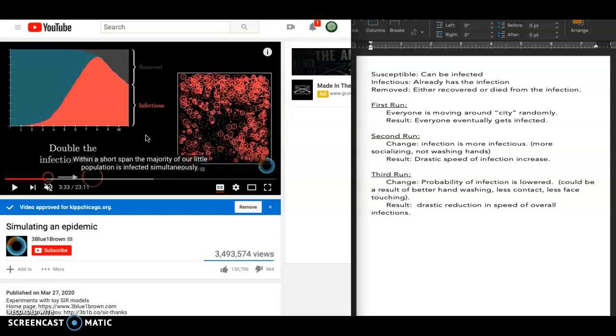If a city knows that there is an infection happening, or a town or a community, this scenario occurs when the city or community does nothing, just goes about business as usual with everyone running around the city and not taking any steps to reduce the infection. This becomes a concern because when the infections get this high, almost everyone is sick at the same time, and this is the concern with overwhelming the hospitals.